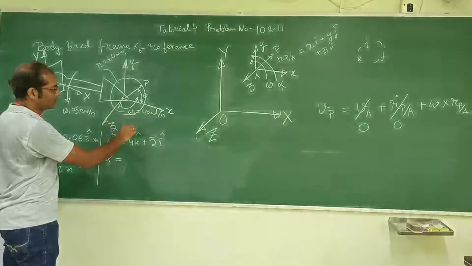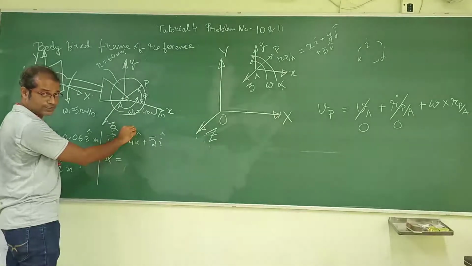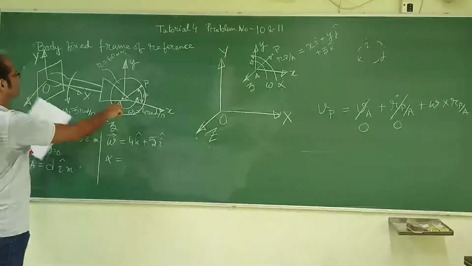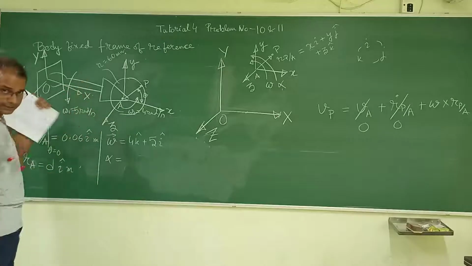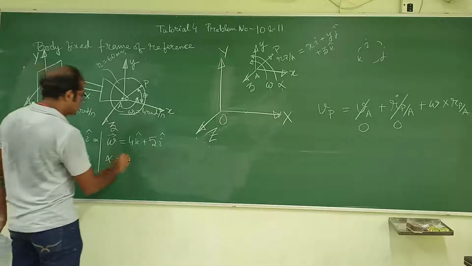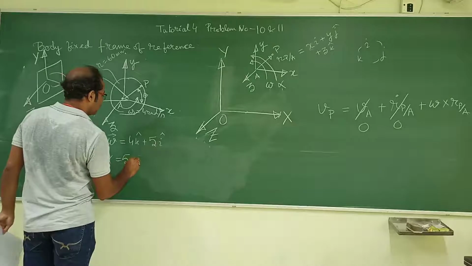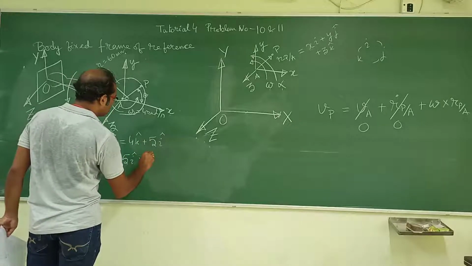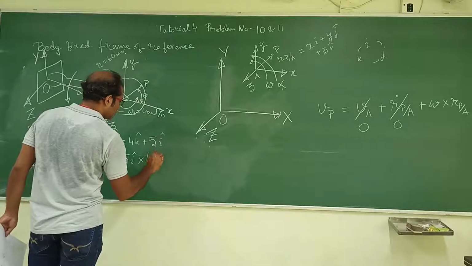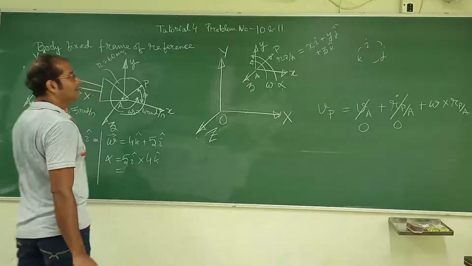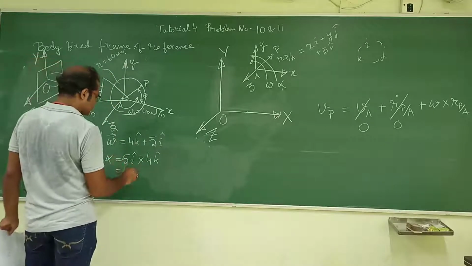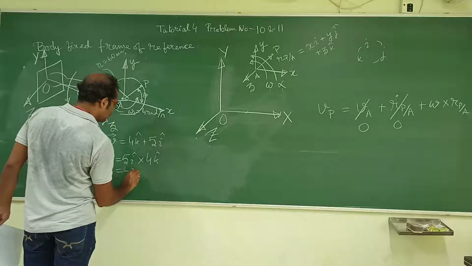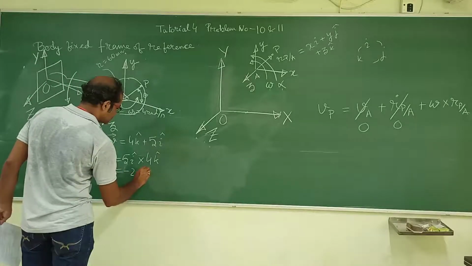This is the resultant vector at an instant of time, and this resultant vector is rotated by 5 radian per second. So it is going to be 5I cross the entire, or you can make it 4k. So it is going to be I and k counterclockwise, so minus 20 J.